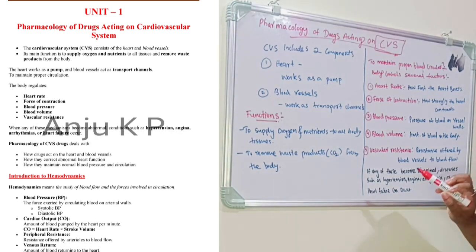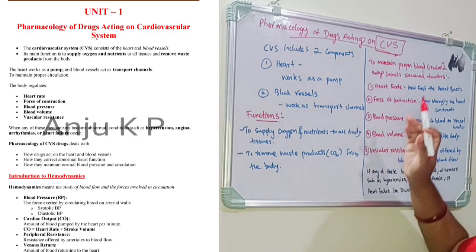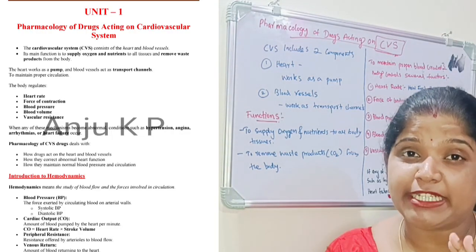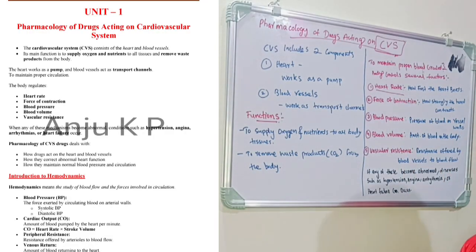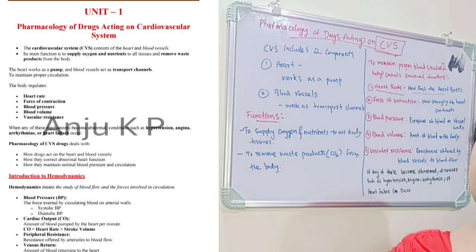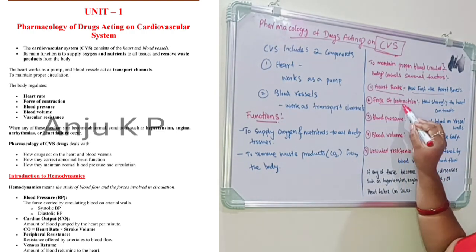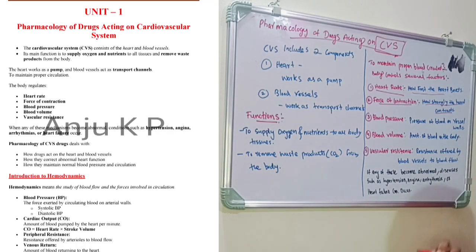To maintain proper blood circulation, the body has to control several factors. There are mainly five. The first is heart rate, which means how fast the heart beats. Then force of contraction, which means how strongly the heart contracts.